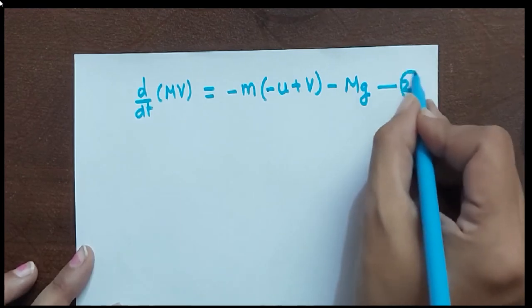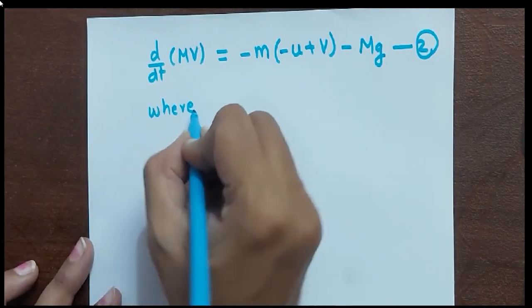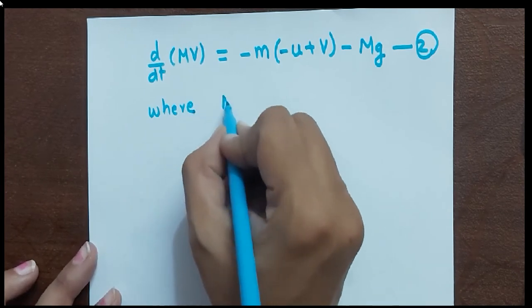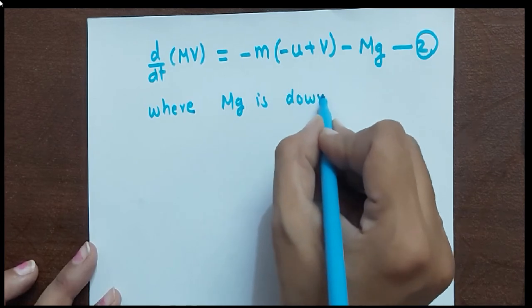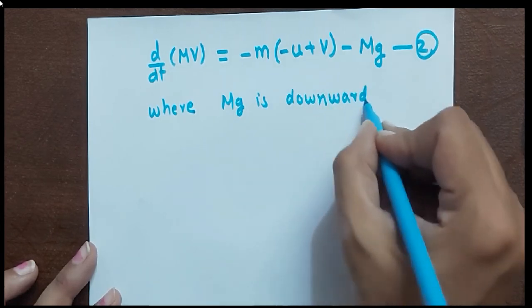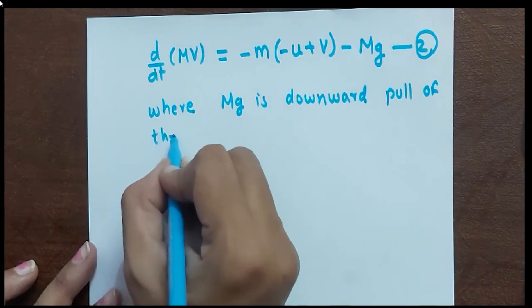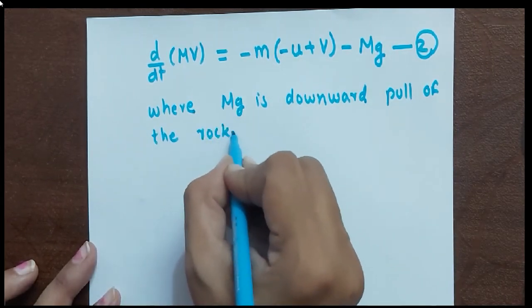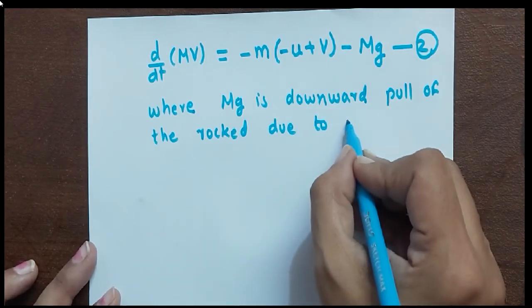Equation number 2, where Mg is the downward pull on the rocket due to acceleration due to gravity.